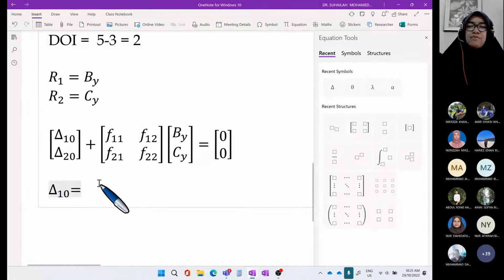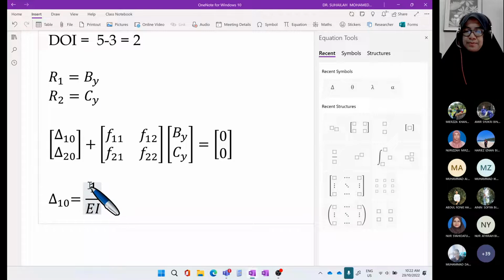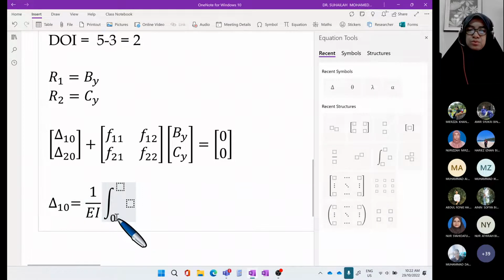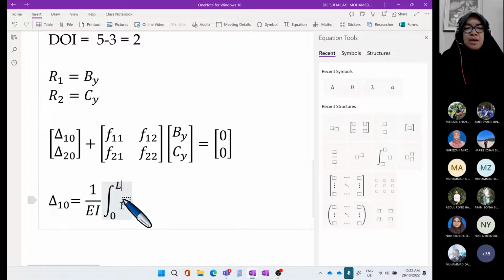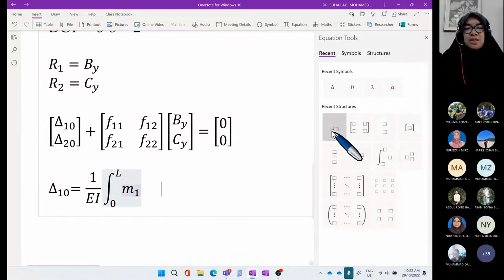Delta 1 naught. The formula is 1 over EI, the same formula, of course. We integrate from 0 to L. It is two moment equations in one formula: M1 M naught, because we follow whatever notation that we use.